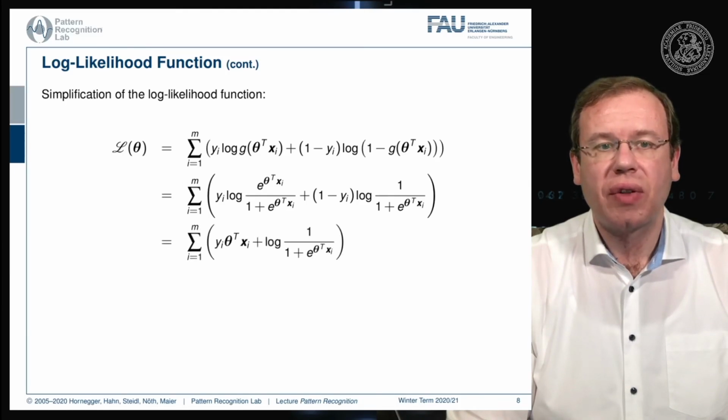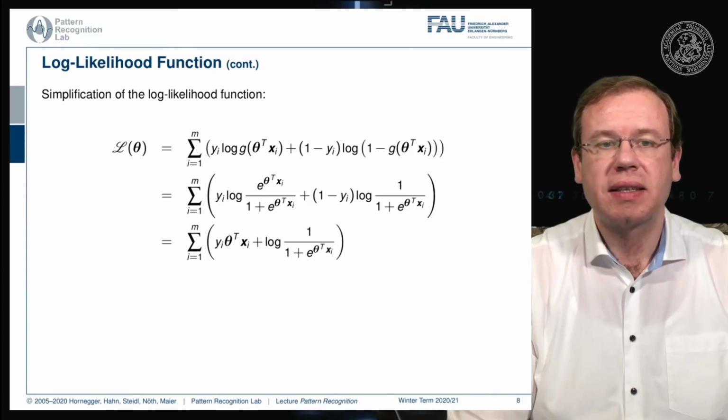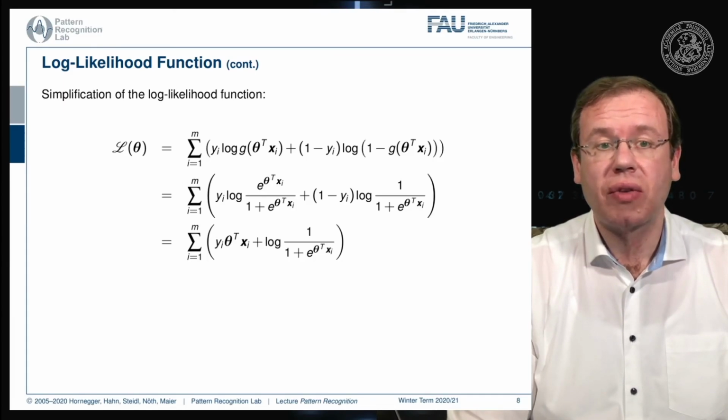simplify this further. You can see now that in the first term we essentially see that we have the e to the power of theta inner product xi, and if I apply the logarithm to this, then only yi theta inner product xi remains, and on the right hand side then I still have some term that I could not get rid of, where we still have the logistic function in there.